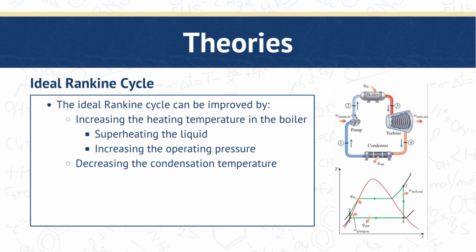One is increasing the heating temperature in the boiler, which can be done by either superheating the liquid or increasing the operating pressure. The other method is decreasing the condensation temperature. Both of the steps will increase the efficiency of the process. Specifically, we will talk about increasing the operating pressure of the boiler.